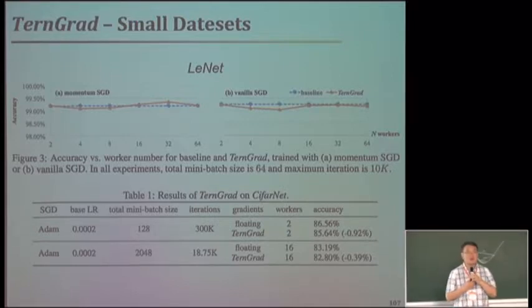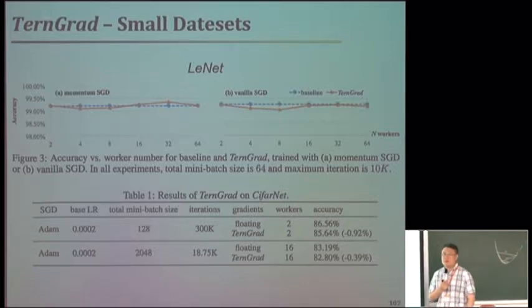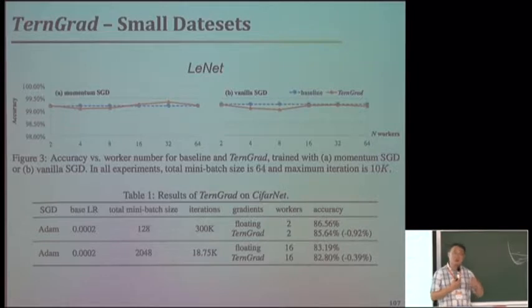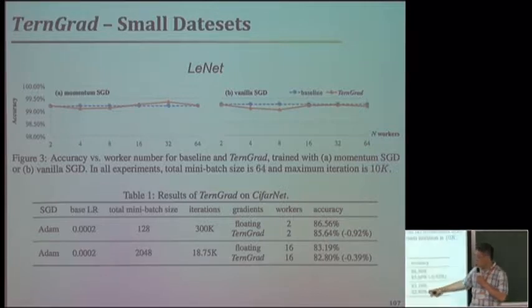That means that if we don't consider the increased number of workers, we will introduce an absolute accuracy degradation. But just compare the accuracy we achieve with floating point gradients and ternary gradients: with a larger number of workers, our results actually get relatively more accurate when the number of workers increases.